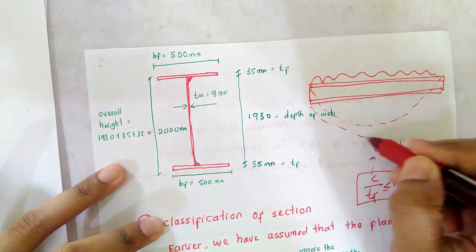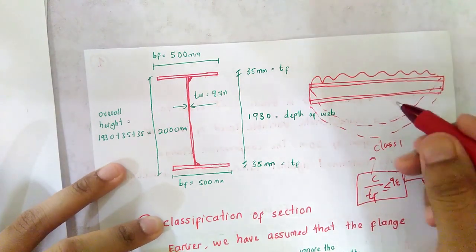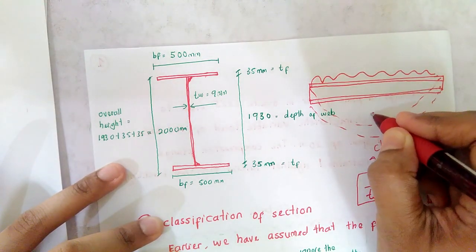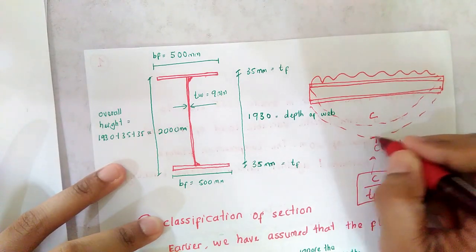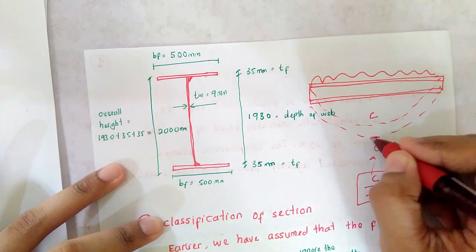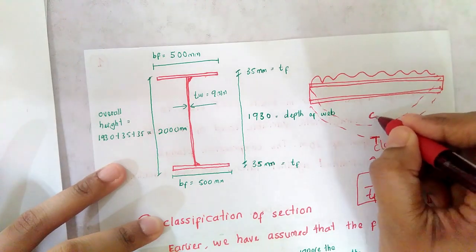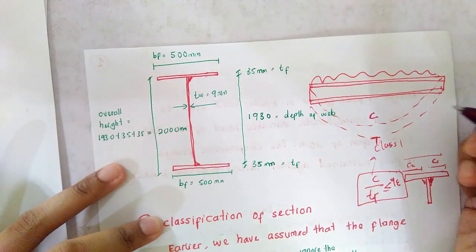When it bends, the top fiber will experience compression and the bottom fiber will experience tension.